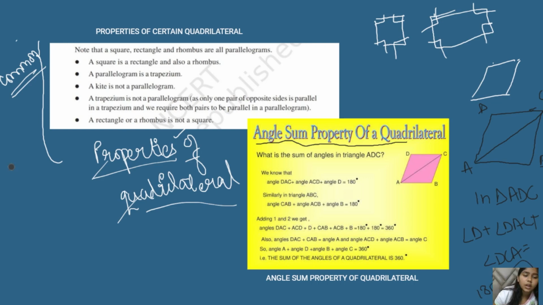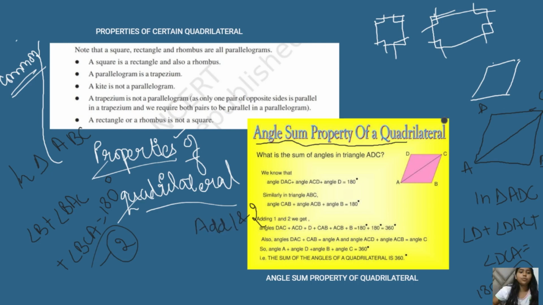Now in triangle ABC, angle B plus angle BAC plus angle BCA equals 180 degrees by the angle sum property of a triangle. Now we just have to add equation 1 and equation 2. We'll get angle B plus angle D, by adding both of these terms we'll get angle C plus angle A equals 180 plus 180 equals 360 degrees.